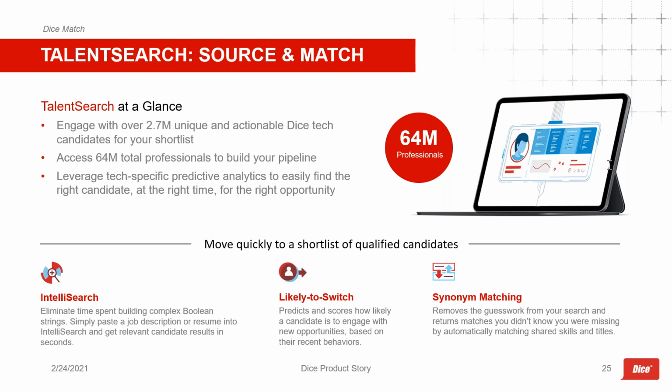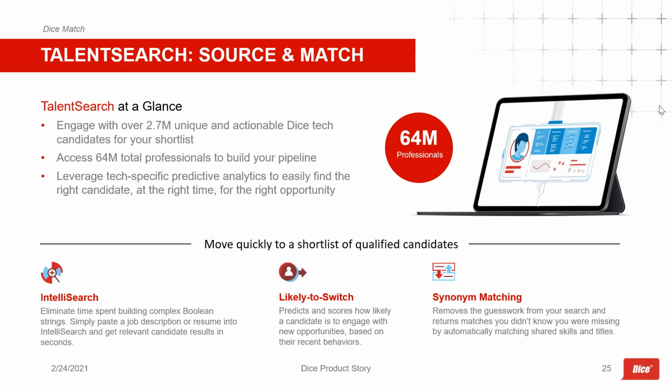You can still perform a Boolean search in TALENTSEARCH, but we also can make that easier for you with our IntelliSearch feature. So you could paste an entire job description or a resume of the kind of candidate that you want to find into IntelliSearch, and we'll return candidates that meet that job description or that match that resume. Out of those candidates, you can also determine which ones are looking for new opportunities right now.